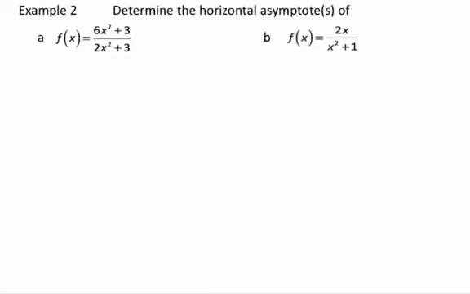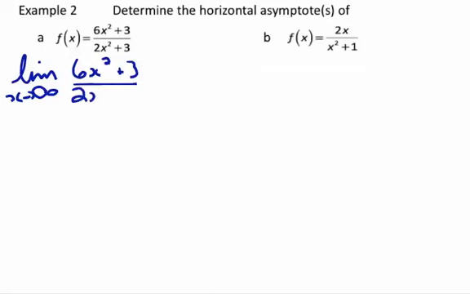To find the horizontal asymptotes, we need to take the limit as x approaches infinity of our function. Now, if you remember back to when we dealt with limits at infinity back in Unit 3, to evaluate a limit as x approaches infinity, we need to take every term in that function and divide it by the highest exponent of x, so that would be x squared.